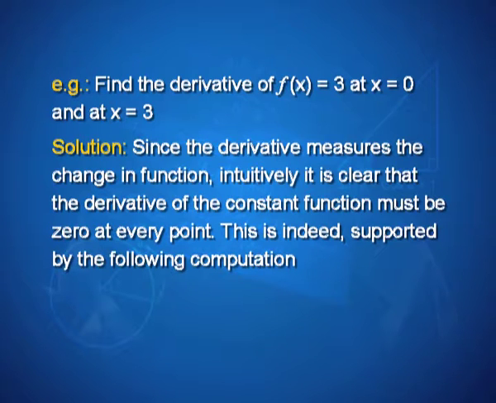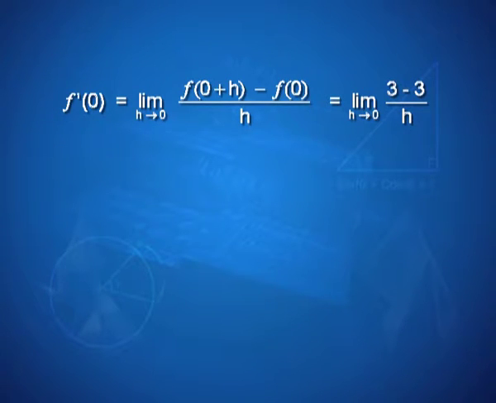This is indeed supported by the following computation. f'(0) = limit [f(0+h) - f(0)] divided by h as h tends to 0, which simplifies to limit (3 - 3) upon h as h tends to 0, that is equal to limit 0 upon h as h tends to 0, that is obviously 0.